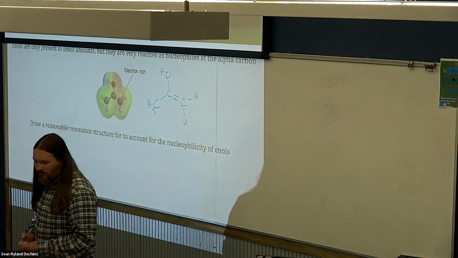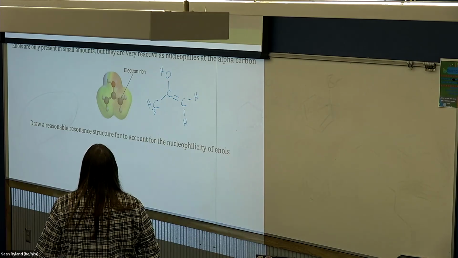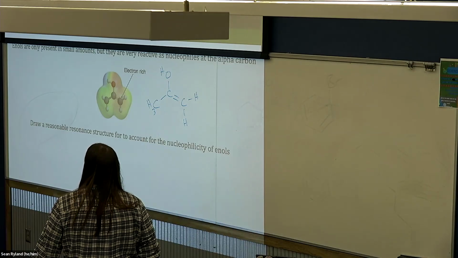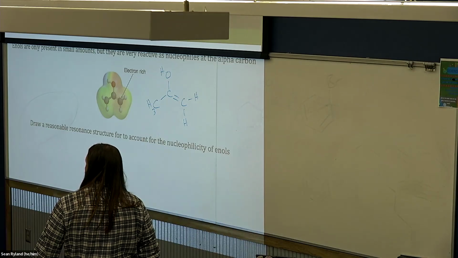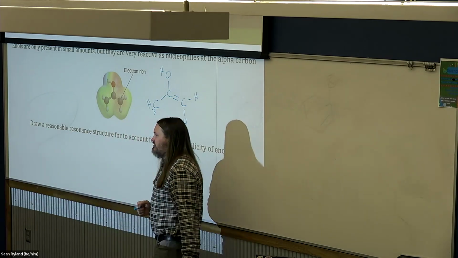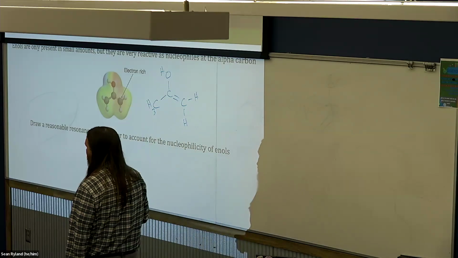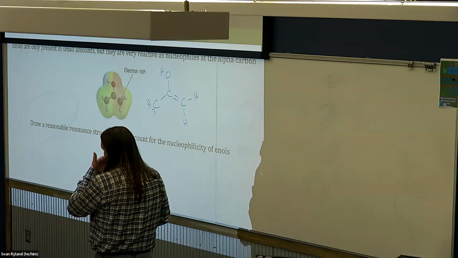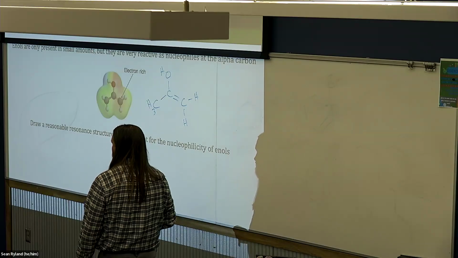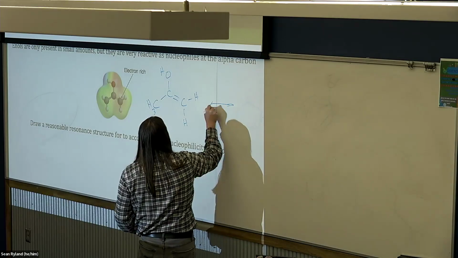So if this is our enol, we've got a lone pair in the allylic position to a pi bond, which means we can have a resonance structure. What would the resonance structure look like for the enol? The double bond goes to the oxygen and the oxygen pitches.